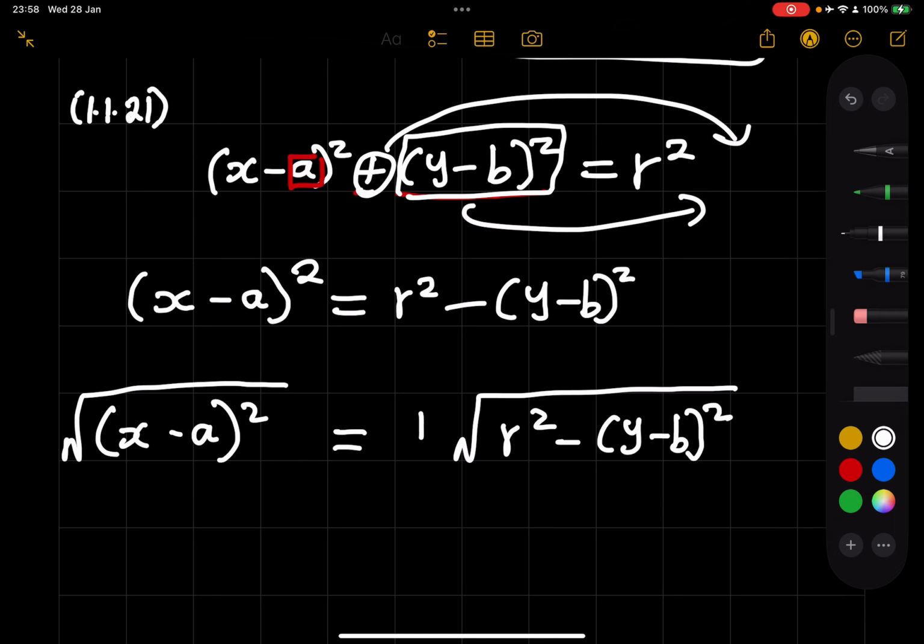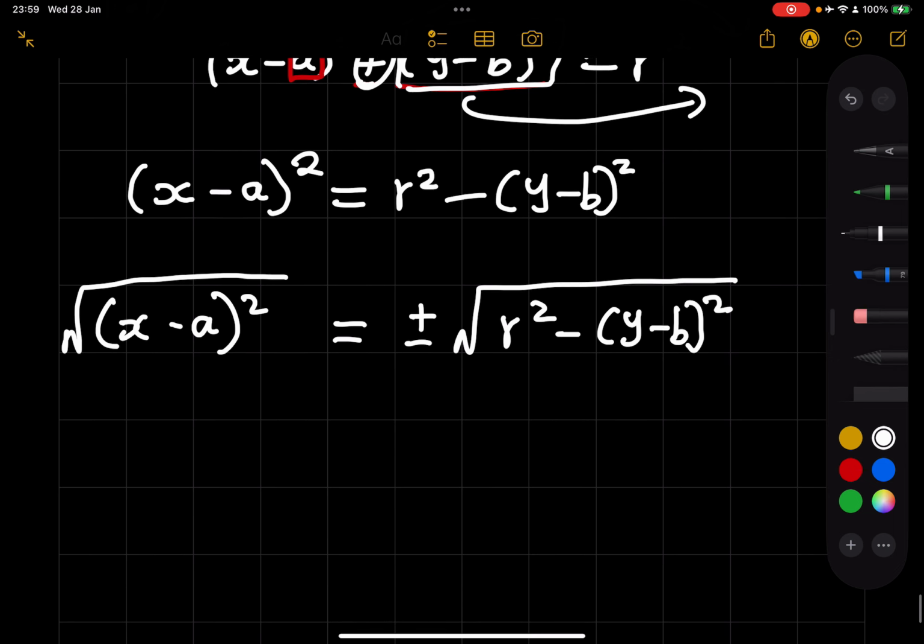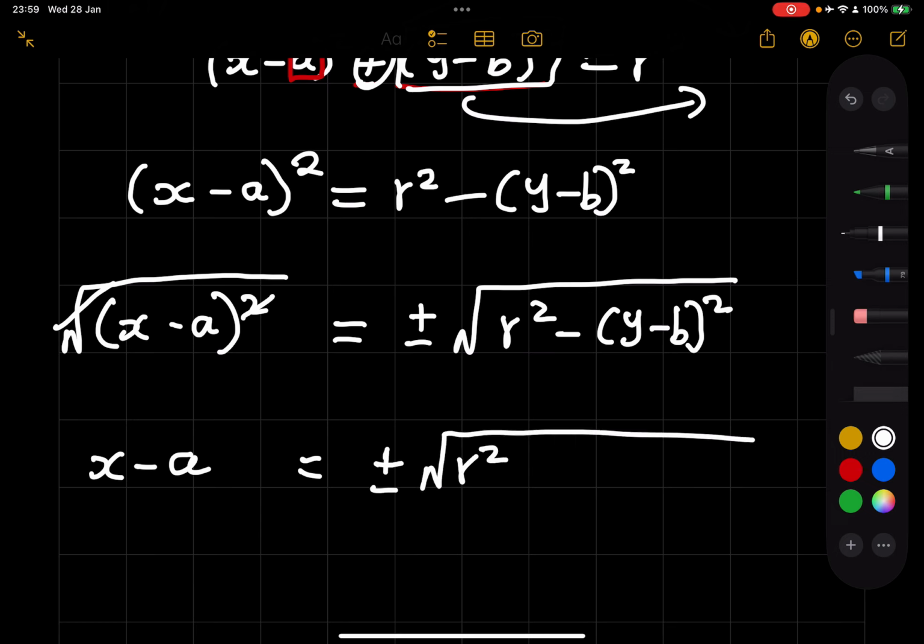And remember, when you square root on this side, you must put plus minus. All right, awesome. Now we are left with x minus a, because the square root and the square cancel each other, which equals plus minus the square root of r squared minus (y minus b) squared.